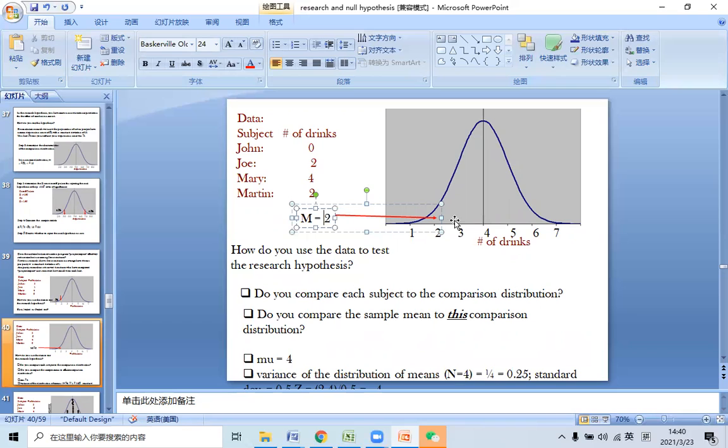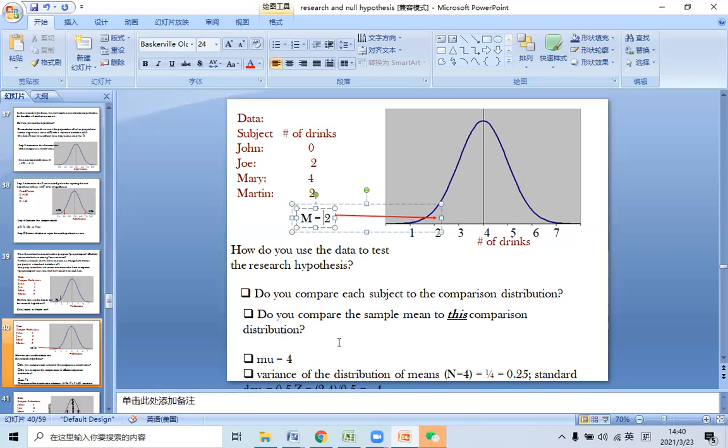And that distribution of sample means will have the same mean as the original distribution. The mean is still 4 beers. But the variance is going to be different.